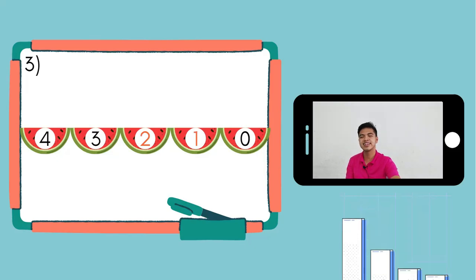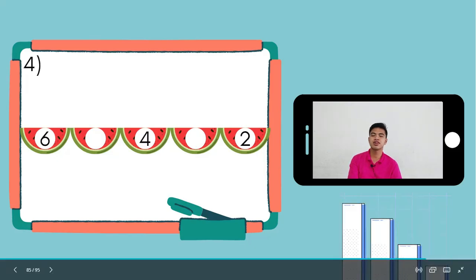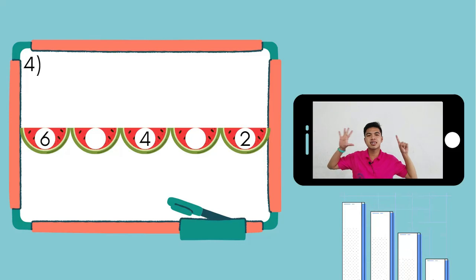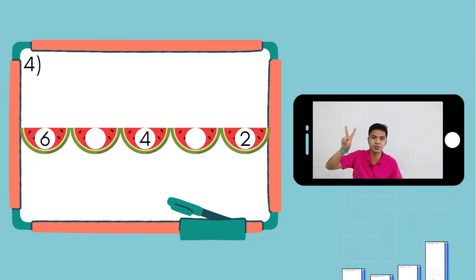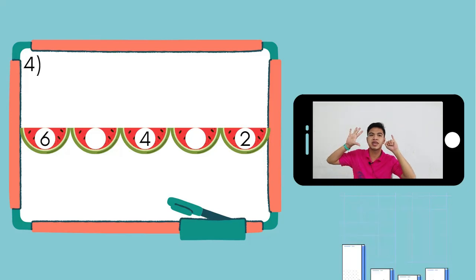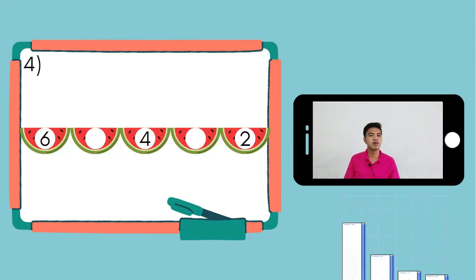Okay, very good. Next one, for the number 4, we have 6, and then a missing number, and then 4, and then a missing number, and then 2. So what do you think are the missing numbers? So let's find out. 6 became 4. Therefore, we're going to subtract from the number.